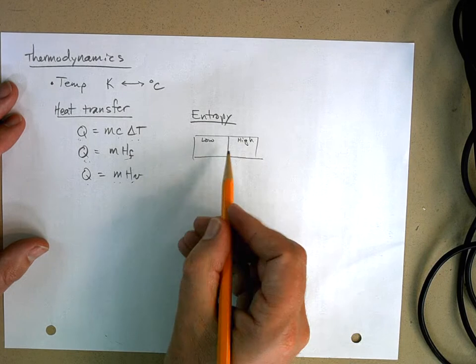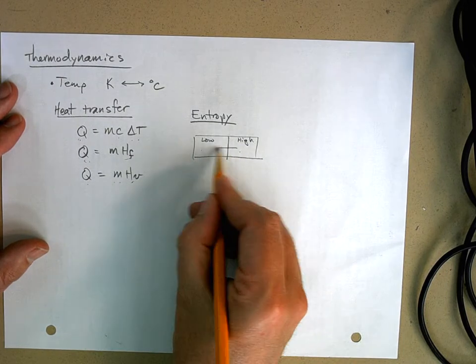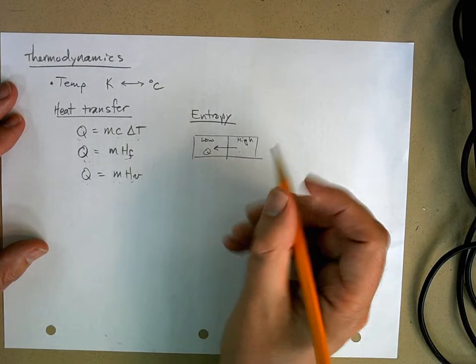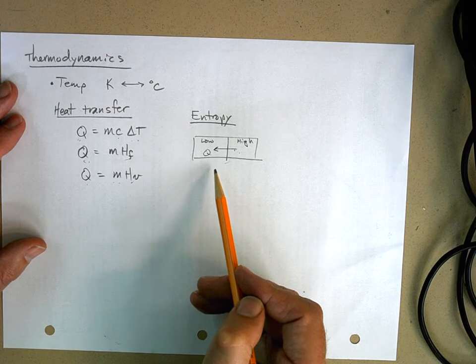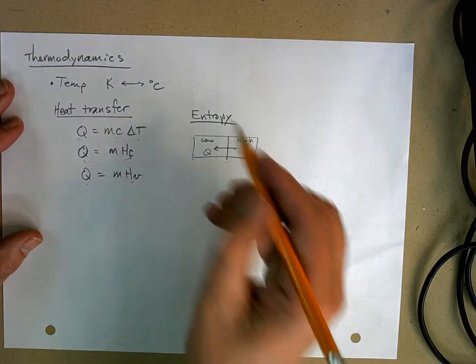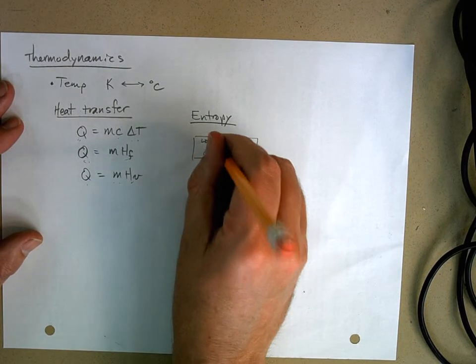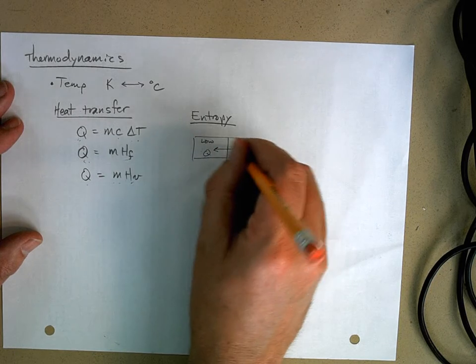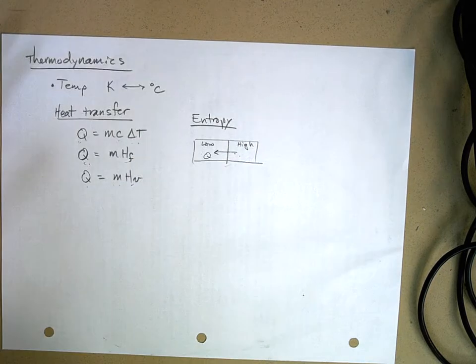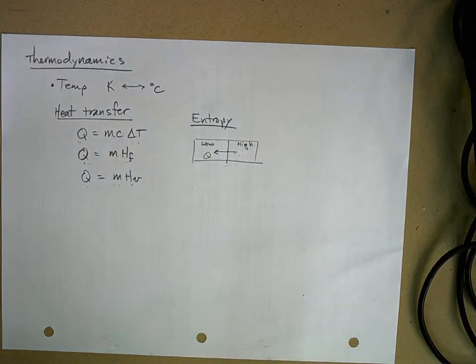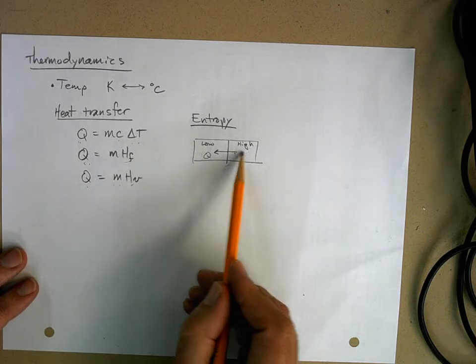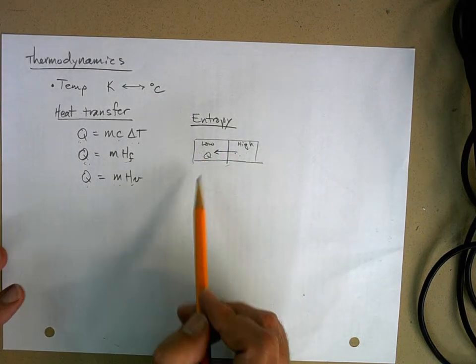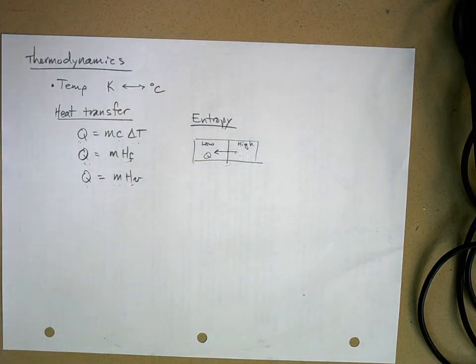Heat will flow from high to low temperature. So there's your heat flowing. And by doing so, we reduce the order in the universe. Think about it. What are the odds of finding a bunch of molecules moving slow over here and these moving fast over here? It's pretty low odds. So as time goes by, the heat will flow over here, and you'll get a more random, less organized arrangement of molecules, and thus we say the entropy increased.